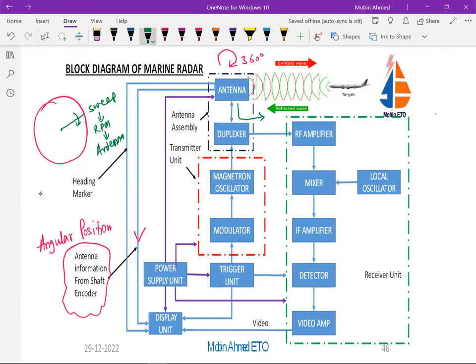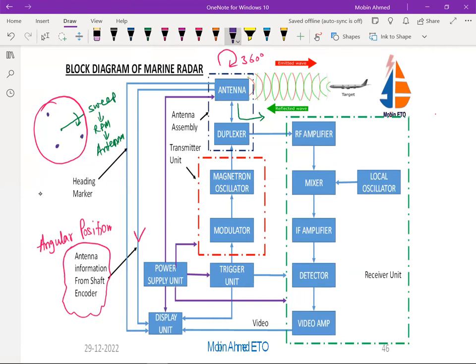If the angular position is not there, then sweep generation is not possible. And if the sweep generation is not possible, the target cannot appear in the display. Your transmitter is okay, receiver is okay, but your target is not appearing in the display. That means your antenna information is not coming.